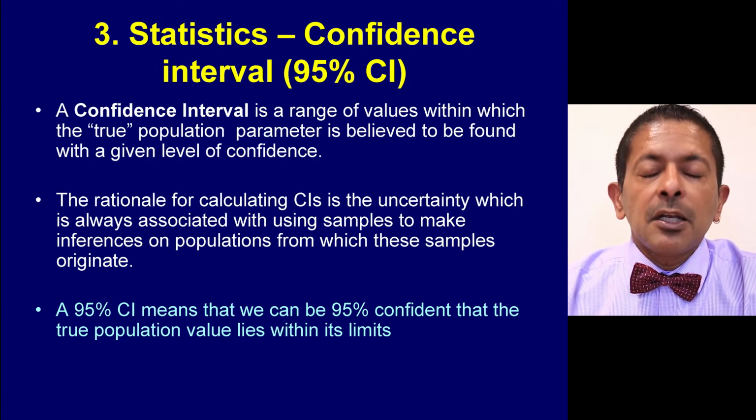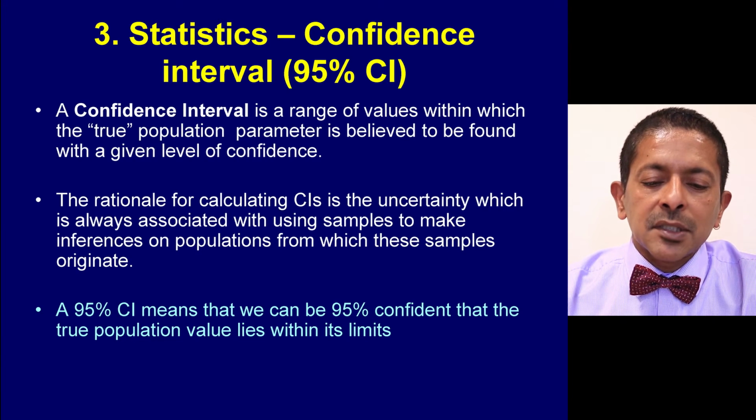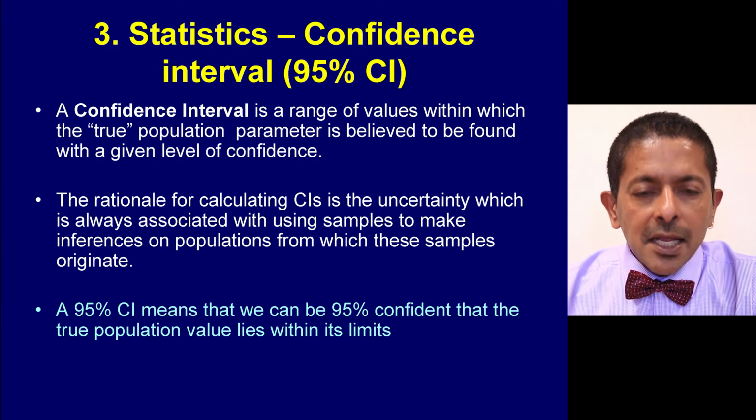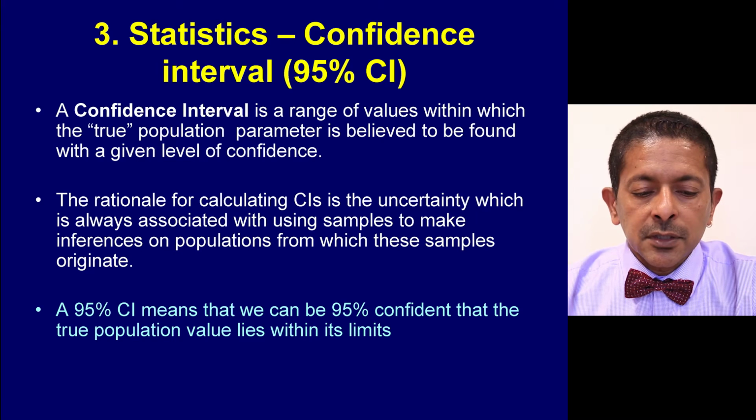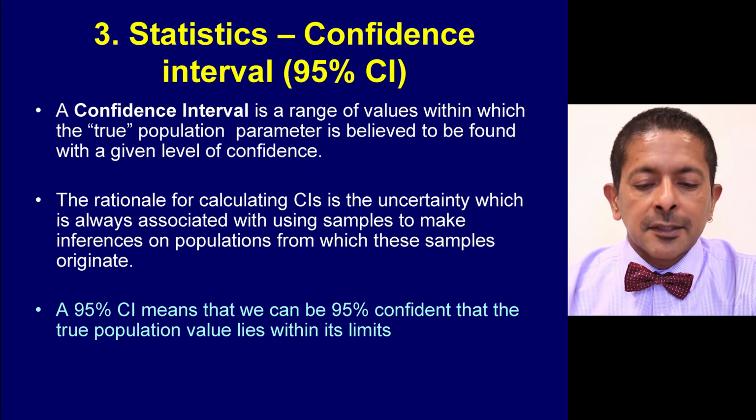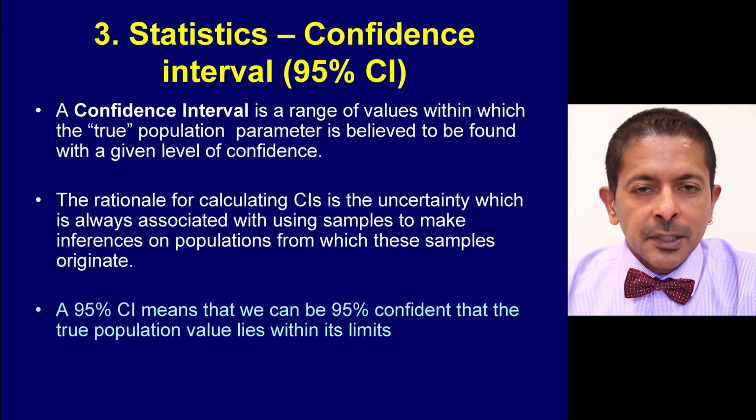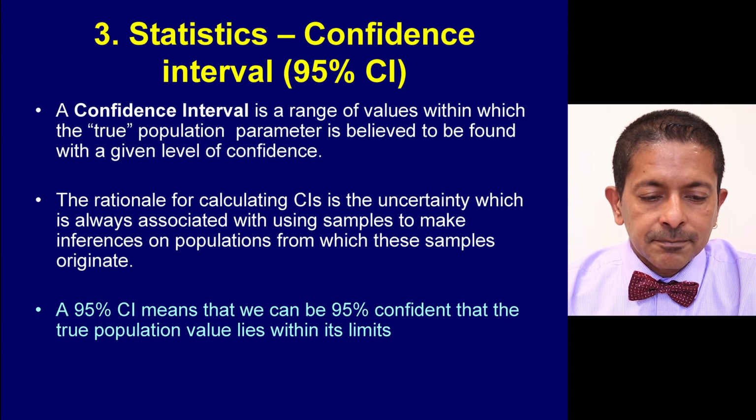So it's, in other terms, the sampling error. So a 95% confidence interval simply means that we can be 95% confident that the true population value lies within the limits that you actually find.